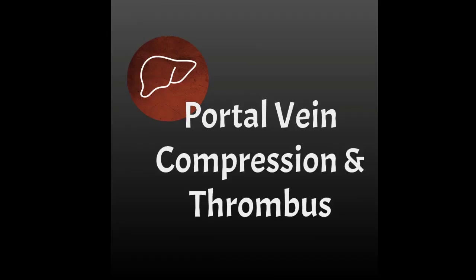The next vascular disease that we're going to talk about then is kind of a combo disease process. We have the portal vein compression, or we have portal vein thrombosis. So the compression piece of it is going to come from more extrinsic things like lymph nodes or masses, where the thrombus is going to be more of an internal blockage due to some sort of blood clot within the system.